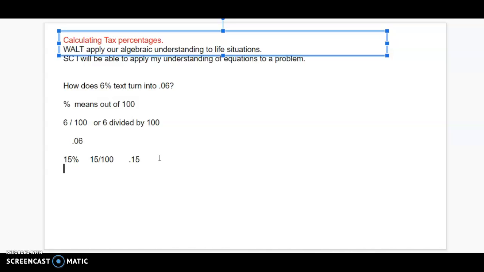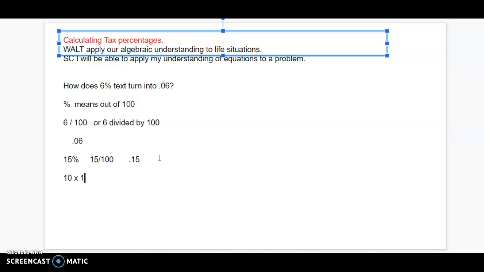Now, when we were talking about multiplying on top, I said I had $10 and I was going to add my 15% GST.